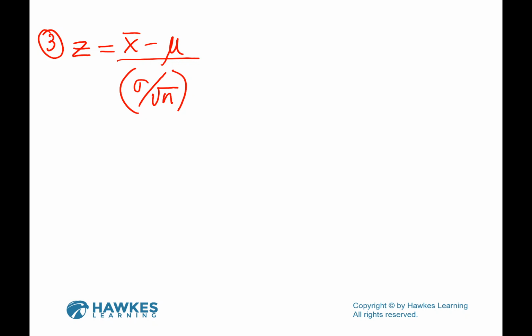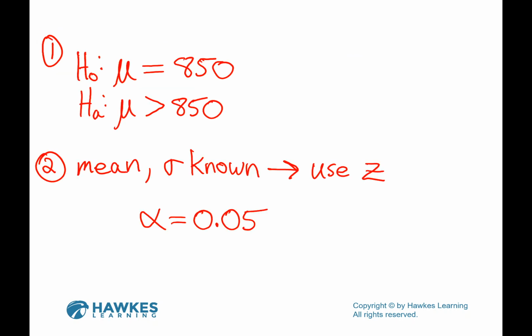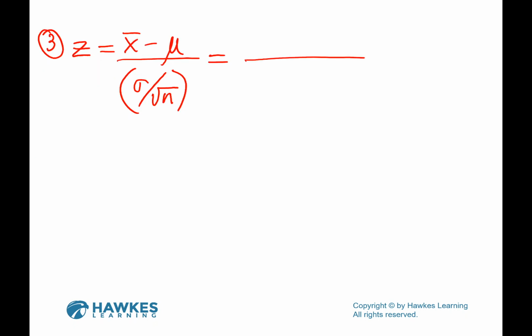We need to pick out our numbers, except we already know what one should be. Mu, all we have to do is look at our hypotheses. So mu is going to be 850, because mu is always the number that's in the null hypothesis. So we can go ahead and fill that one in.